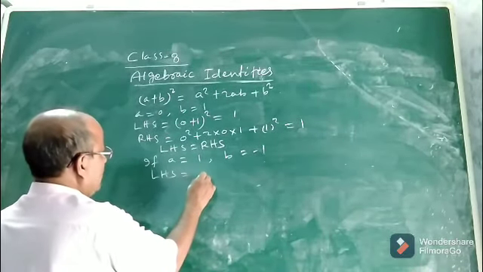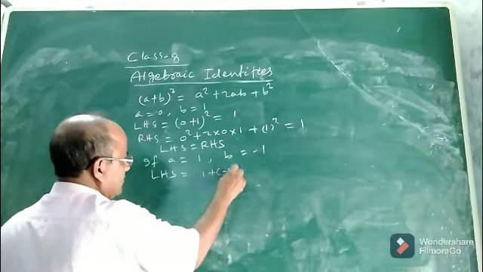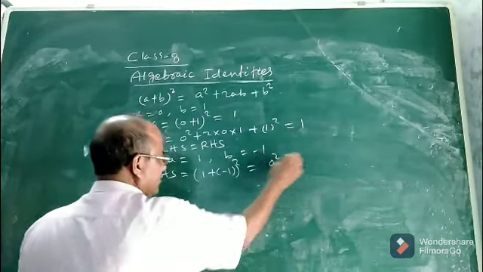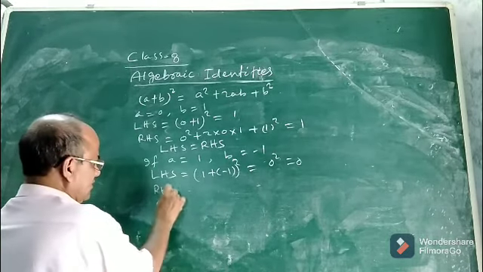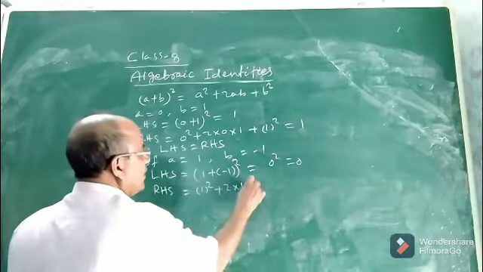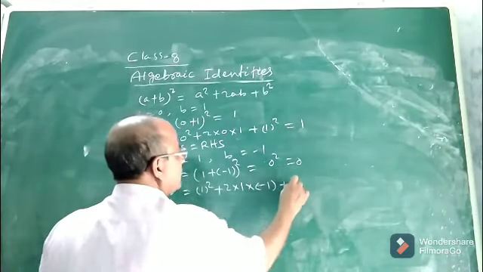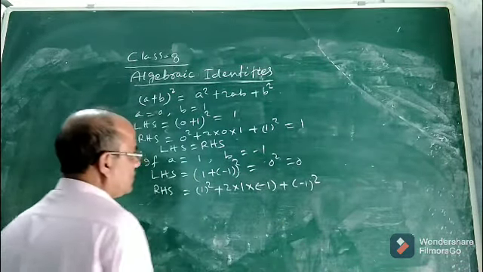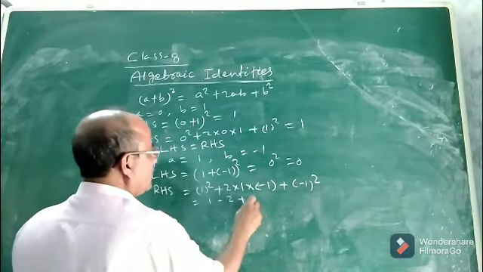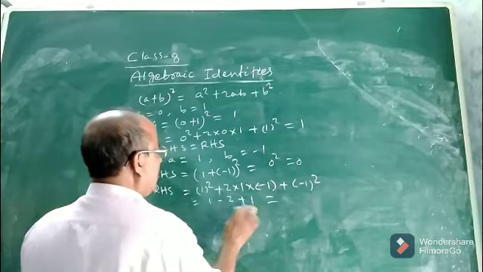LHS will be 1 plus minus 1 whole square, it is 0 square, that is 0. And what about RHS? It is 1 square plus 2 into 1 into minus 1 plus minus 1 whole square. So this will be 1 minus 2 plus 1. It is again 0.